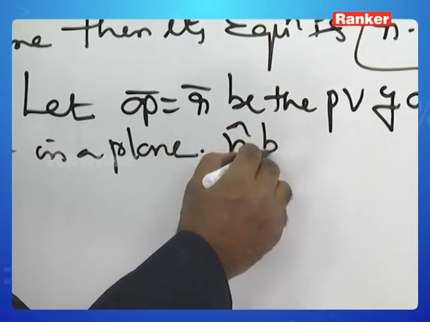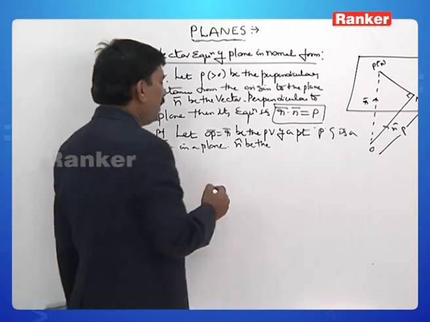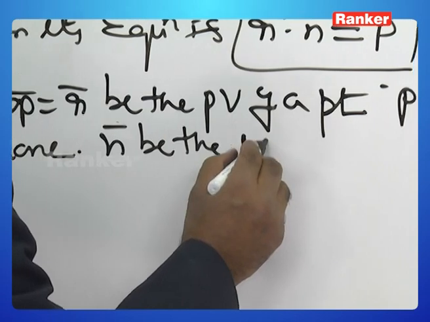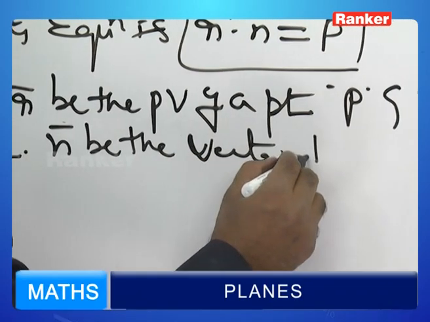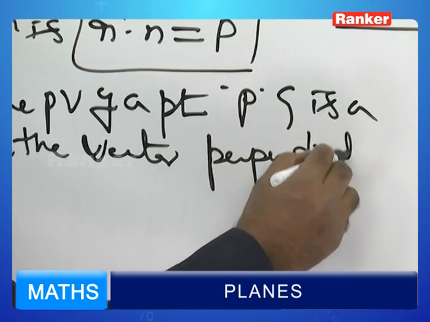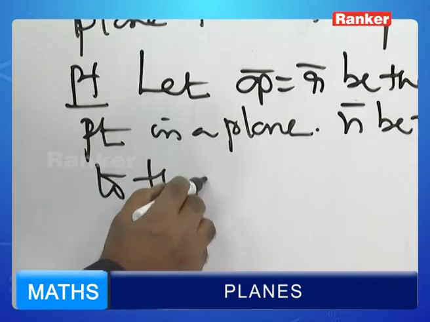N cap be the unit vector, or n bar, a vector perpendicular to the plane.